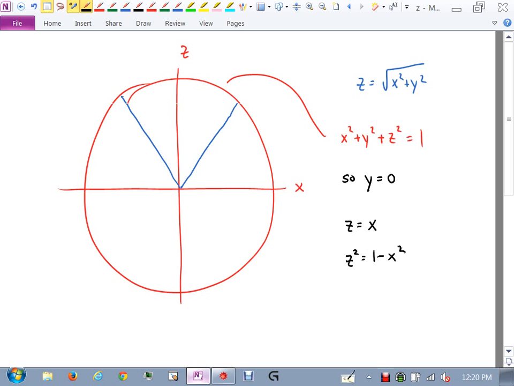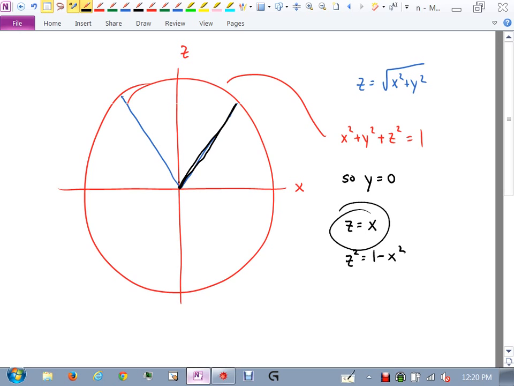Yes? But look at this one right here, z equals x. That's all we need right there. That's the only thing we need. Why? That tells me that the slope of this line is what? 1, 1, 1, right? So the ratio is 1 to 1, which means it's got to be 45 degrees.